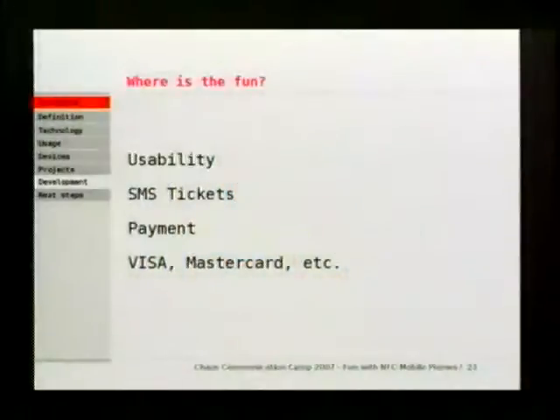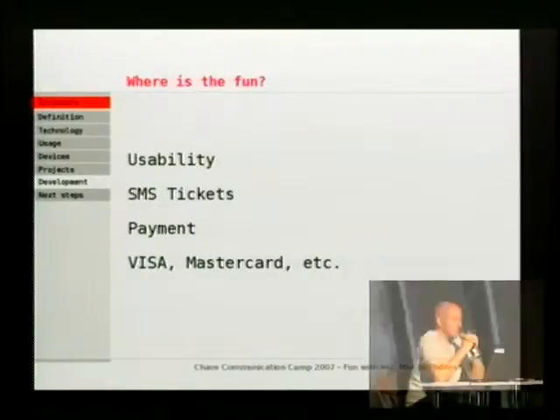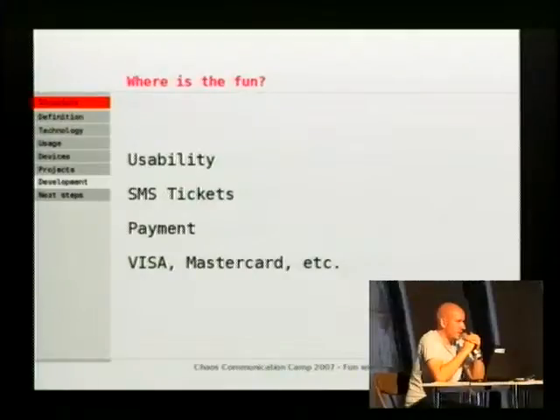So actually the title of the lecture was Fun with NFC Mobile Phones. So where is all this fun? I tried to find the fun in several aspects of NFC. One is the usability. This technology is extremely easy to use, so it's actually fun to play with it.